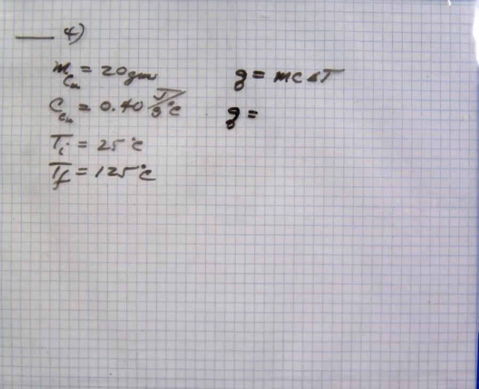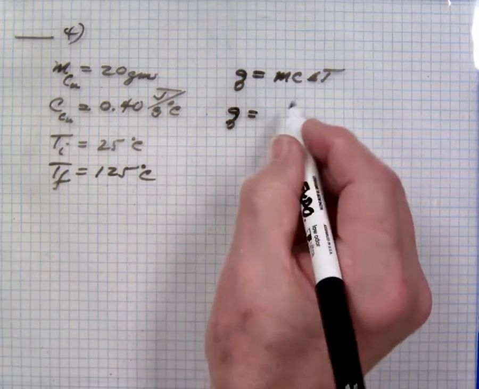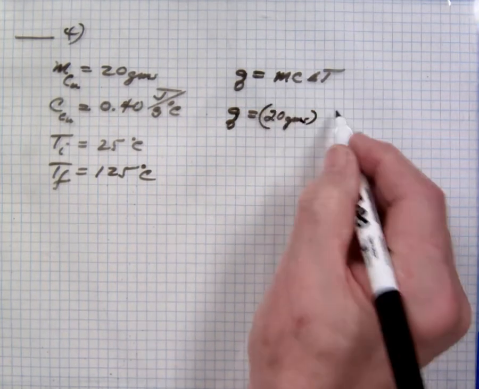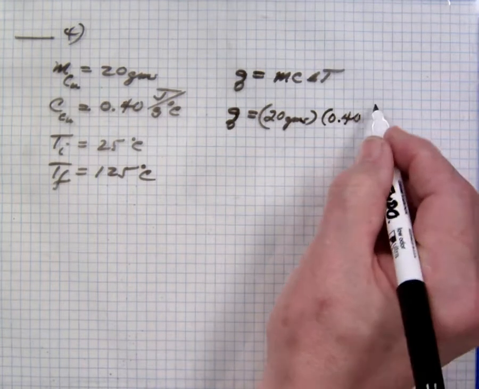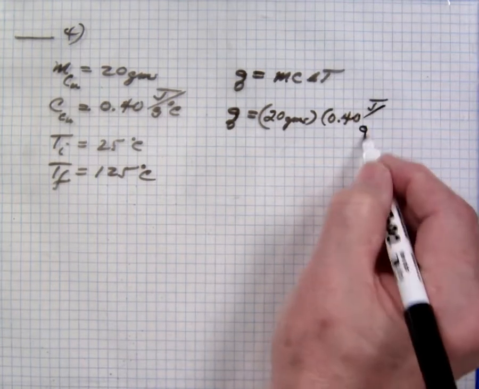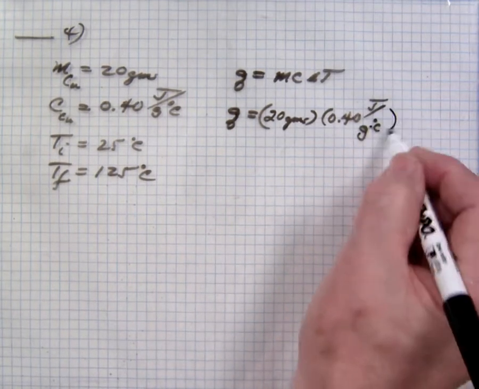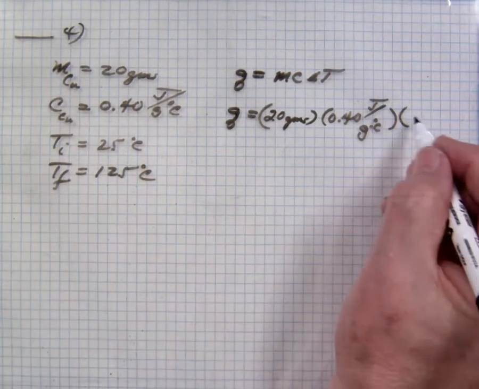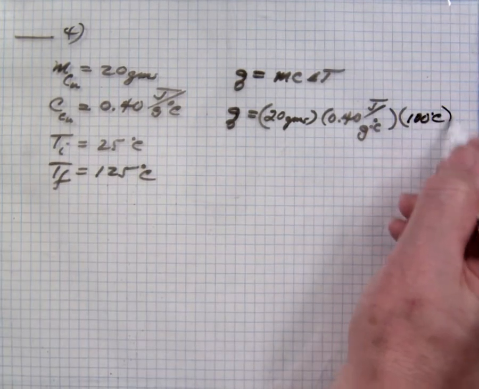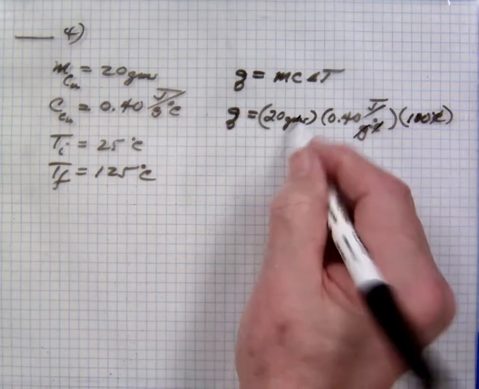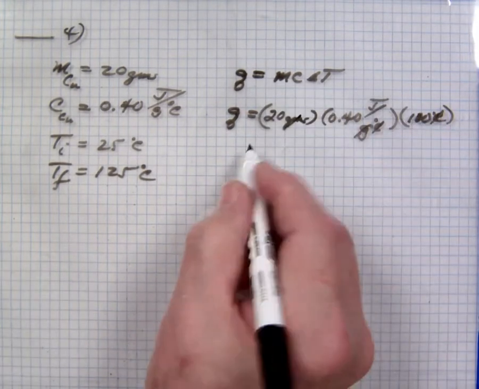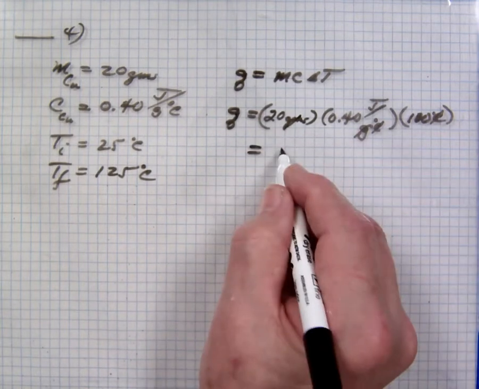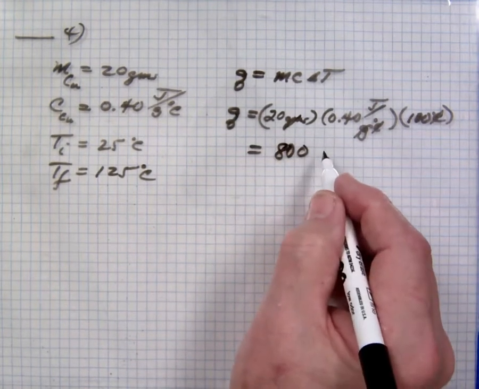So the heat transfer in this one would be 20 grams times 0.40 joules per gram degree Celsius times 125 minus 25, or 100 degrees Celsius. Grams and degrees Celsius drop out, we're left only with joules, and that rounds off to 800 joules.